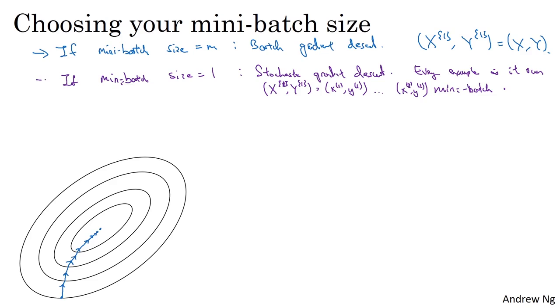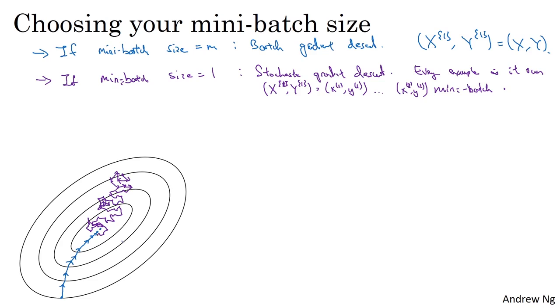In contrast, with stochastic gradient descent, if you start somewhere, let's pick a different starting point, then on every iteration, you're taking a gradient descent step with just a single training example. So most of the time you head toward the global minimum, but sometimes you head in the wrong direction if that one example happens to point you in a bad direction. So stochastic gradient descent can be extremely noisy, and on average, it'll take you in a good direction, but sometimes it'll head in the wrong direction as well.